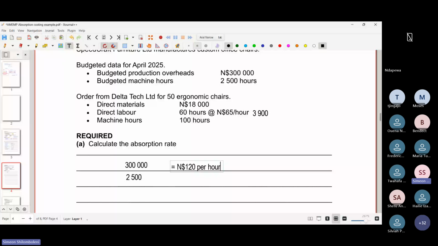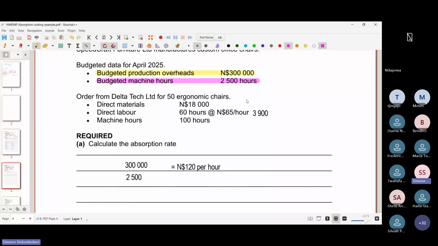Then we analyze this. This is how much our overheads are. In the month of April, we think that this is going to be our overheads. We also think that our machines are going to be running for 2,500 hours. Now, for every job that comes, it must pay 120 towards the number of hours that we have.